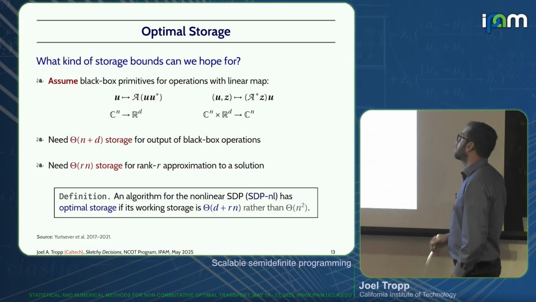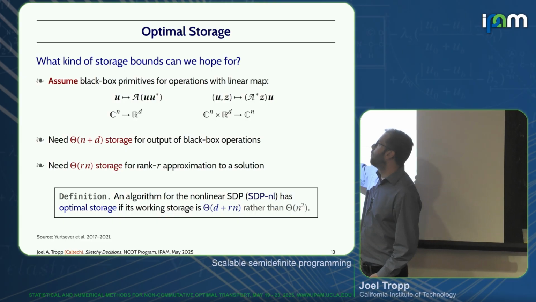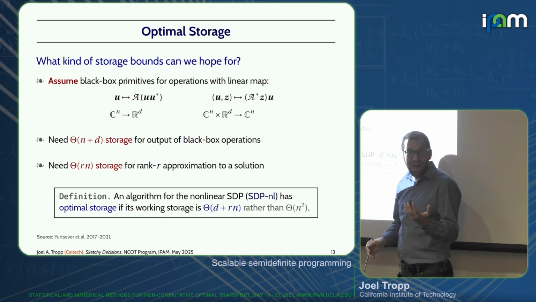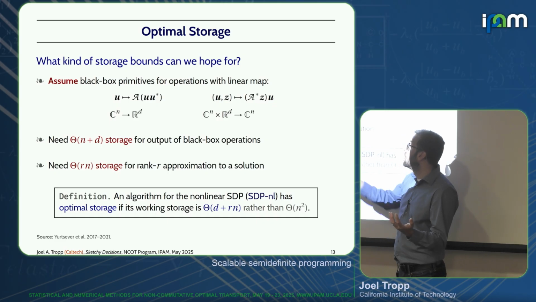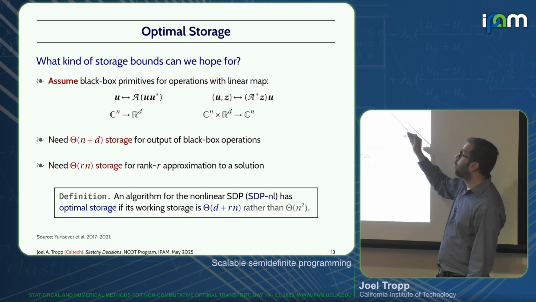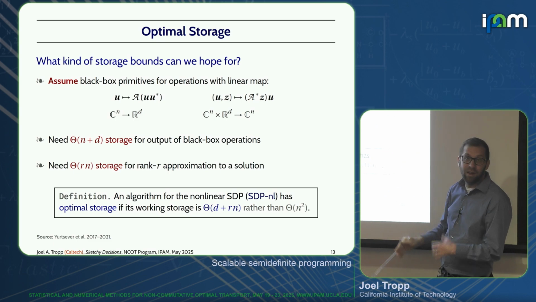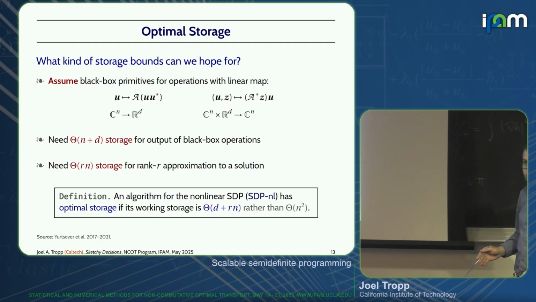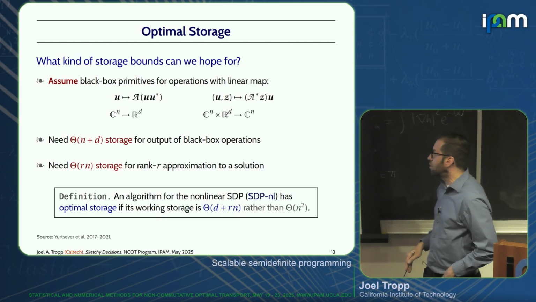For example, in a matrix completion problem, this would involve picking out entries of this rank 1 matrix. But that's easy, right? If A is a mask that reports entries of a matrix, you just pick some of them out. Dually, that would take the values of the entries, form the matrix with those entries, and then multiply that sparse matrix by a vector, okay? So these are very simple natural things that you can implement directly.